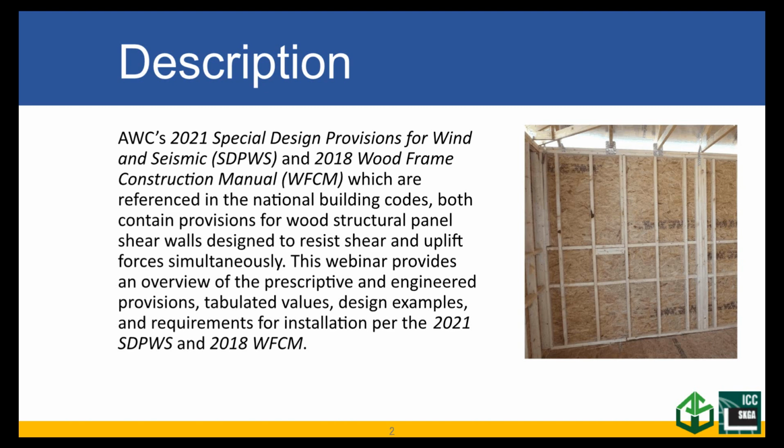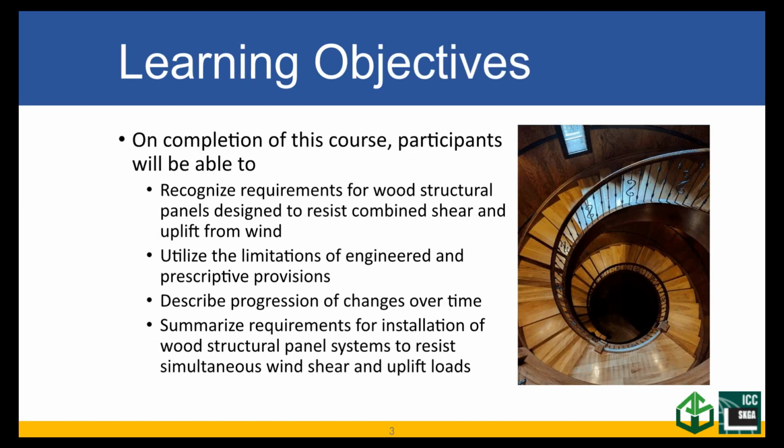Hopefully you've seen the description and that's why you're here, so I won't spend any extra time reading through the description. I will, however, talk briefly about the learning objectives for today. We want to understand or recognize the requirements for wood structural panels designed to resist combined shear and uplift from wind.